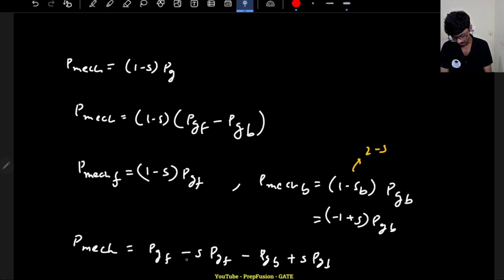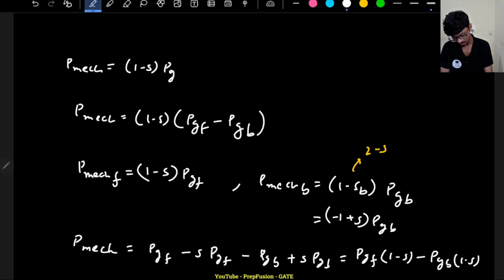So I can simply take common 1 minus S. If I take common here PGF, and if I take common here minus PGB, this also comes out to be 1 minus S.